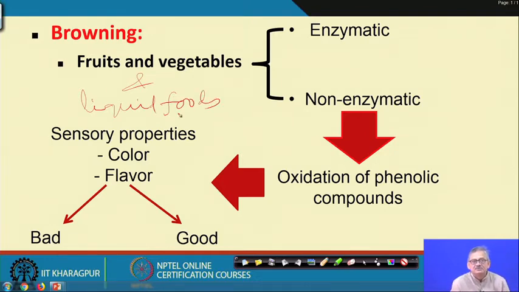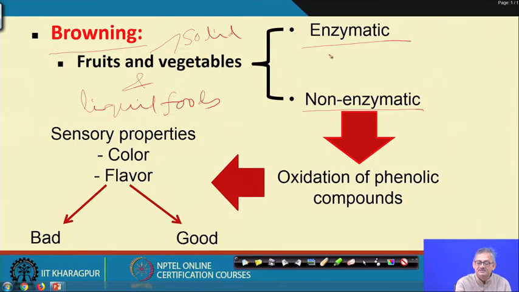Fruits and vegetables come under solid food, and that is under liquid food. For them the browning reaction takes place in an enzymatic manner or in a non-enzymatic manner.